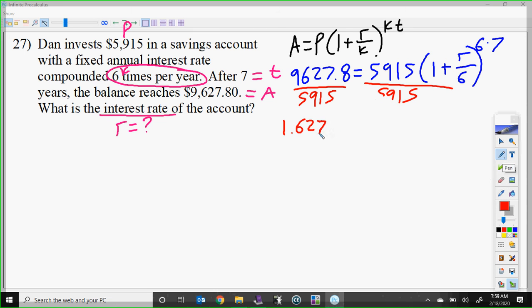Let's see here, 1.6277 equals 1 plus r over 6, and then 6 times 7 is 42.